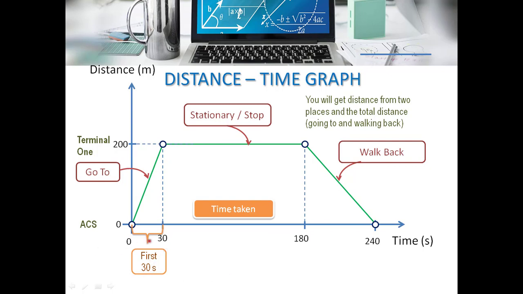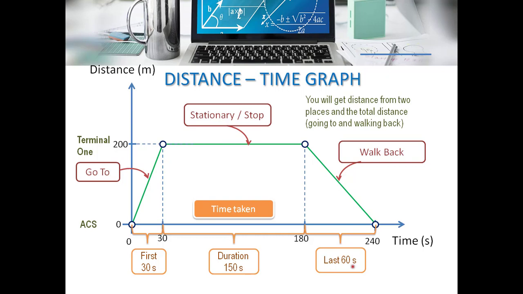So the duration of time is first 30 seconds. Next 180 minus 30 seconds, you will have duration 150 seconds. You stop at one place at terminal 1, and then you go back last 60 seconds, whereas 240 minus 180.